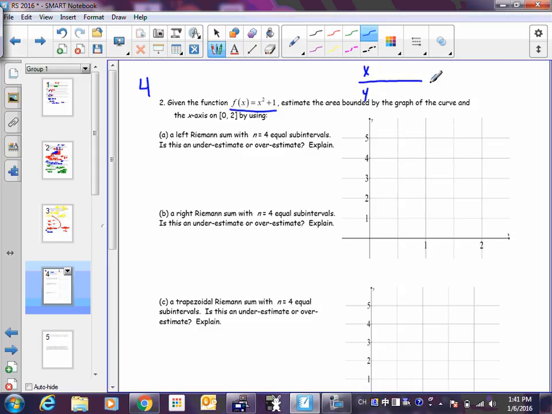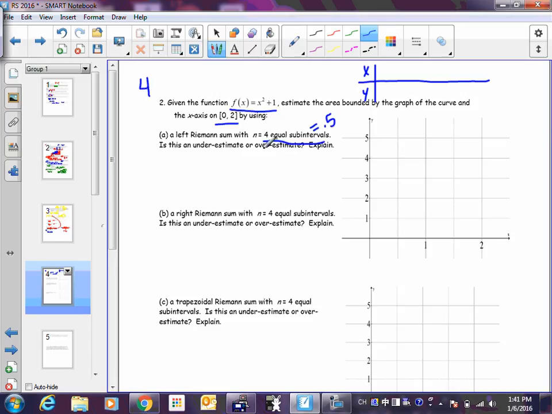So up at the top, I want you to go ahead and write a little x, y, or f of x. I already mentioned this, but we have to figure out what our subintervals are first. We know our total interval is 0 to 2, and we know there are 4 equal subintervals. So how long is just one subinterval? 0.5, right?